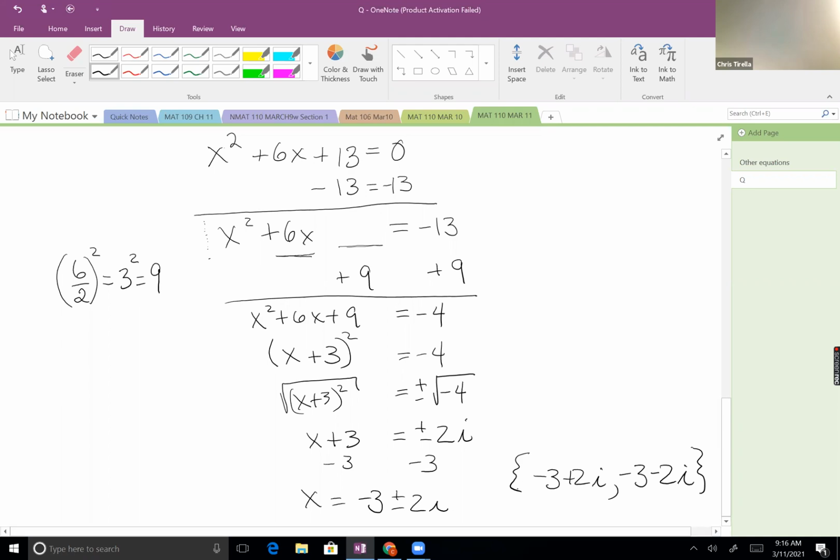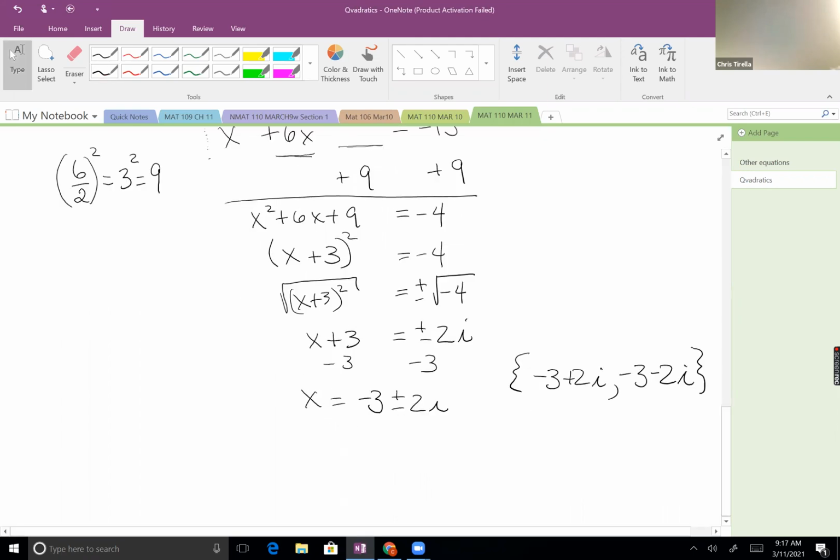Does everybody remember that? Completing the square that we looked at last time. And that's a method that should work for solving any quadratic. Not going to lie, I probably would not use that if the leading coefficient were not 1, or after I divided to clear the leading coefficient, that middle coefficient was not an even number.